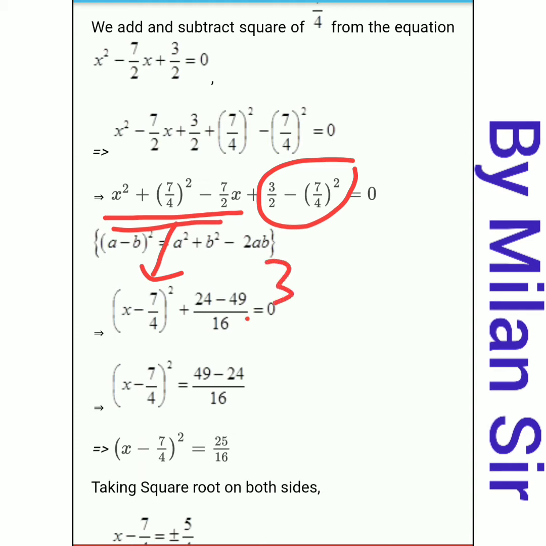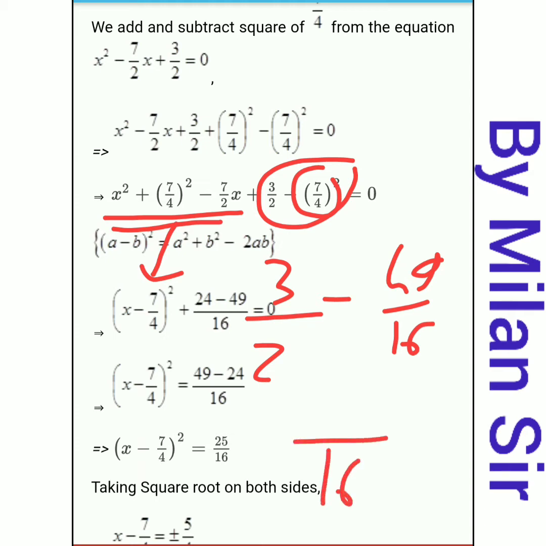So here we have 3 by 2 minus 7 square 49. (7 by 4) all square, so 7 square is 49, and in the denominator 4 square is 16. We need to simplify this, so we need to take the LCM. Now 16 and 2, the LCM is 16. Now how can we convert this 2 into 16?